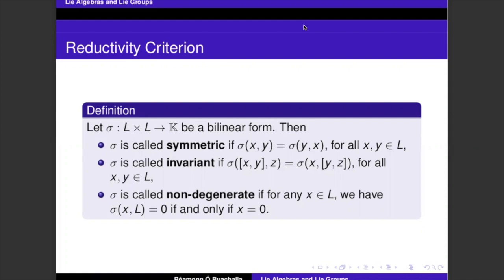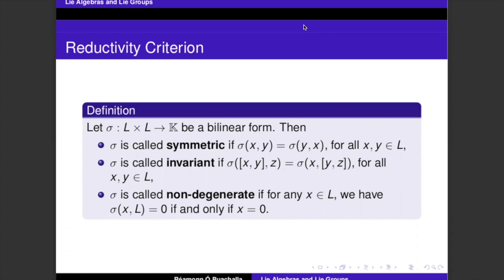It's not so easy to verify them in practice. So what we would like is a more practical collection of tools that, in the real world, which is to say looking at examples, can be used to verify semi-simplicity. We're going to do that in two ways. One is going to be through representations, and the other is going to be through bilinear forms.